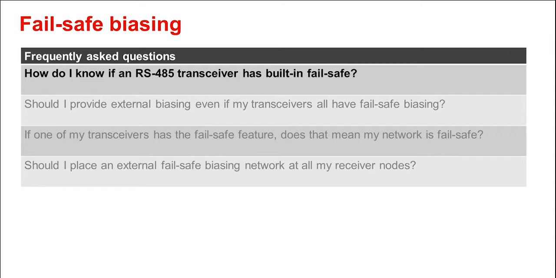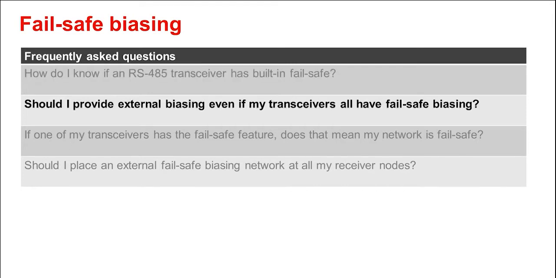The values expected from failsafe biasing receivers should be negative values. Please note that some of the newer RS-485 transceivers include circuitry that center its V input thresholds around 0 volts and can still provide failsafe biasing. This check method, though, should still work for a majority of RS-485 receivers.